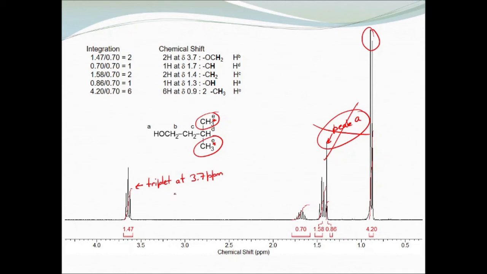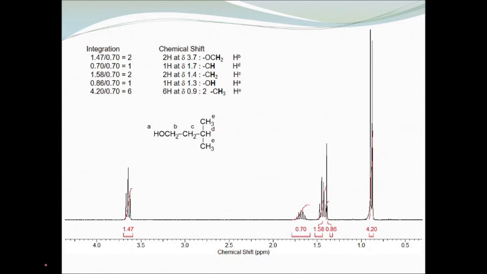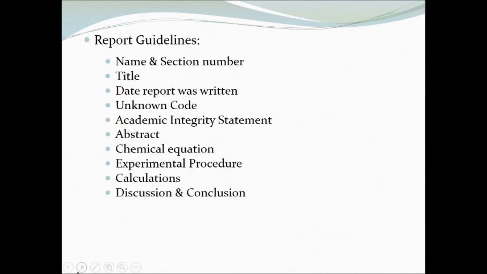Or sometimes you'll see it written as delta 3.7. But that designates the fact that you're looking at a peak at 3.7. But we always use chemical shift when we refer to a peak. It's a peak at 3.7, or the peak at 1.7, or the peak at 1.4. We do not refer to peak A or peak 1. Always use chemical shift.